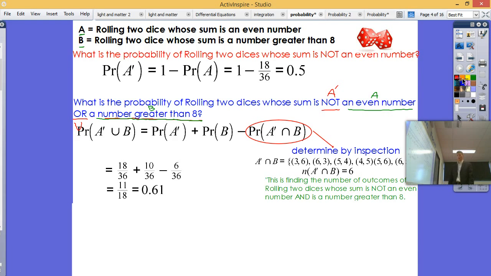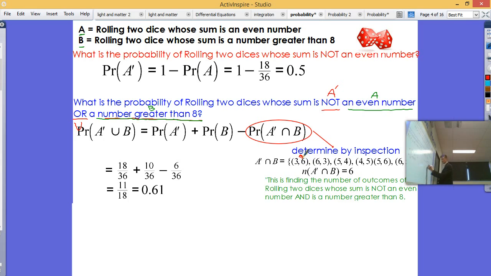So what are all the odd numbers greater than 8? 3 and 6 sum together to give 9, but I could also have 6 and 3. Yeah, 2 dice, remember, 9. And then, what's another number greater than 8? Well, it's still 9 because I can also make 9, 5 and 4. 4 and 5 sum to give you 9, which is odd.